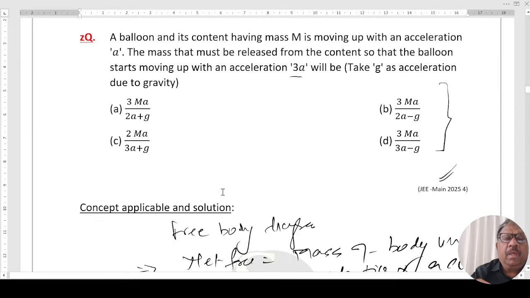Let's check the answer. C is the correct answer. Right? Next question.